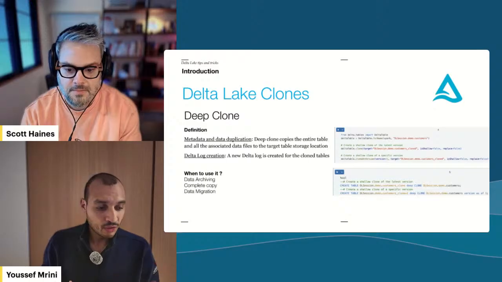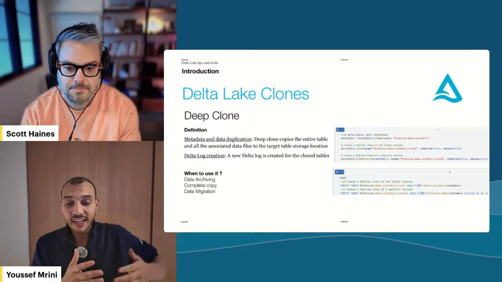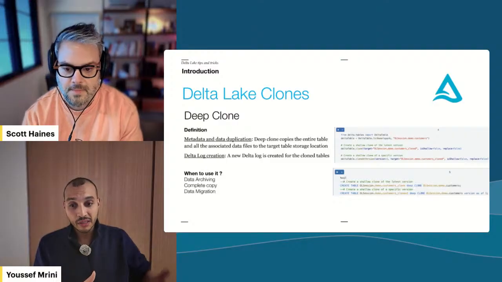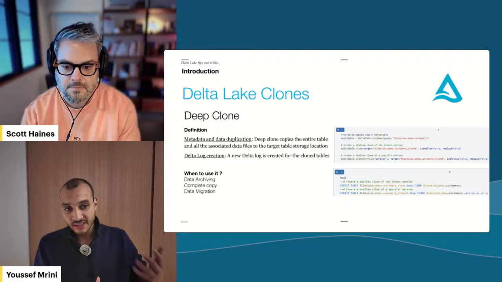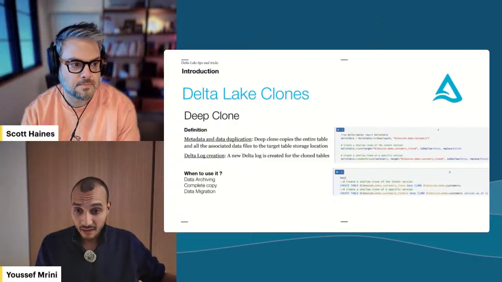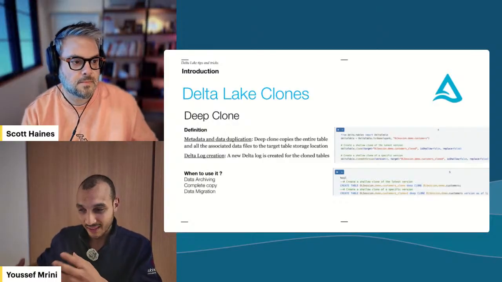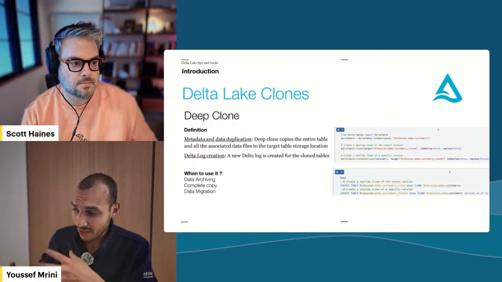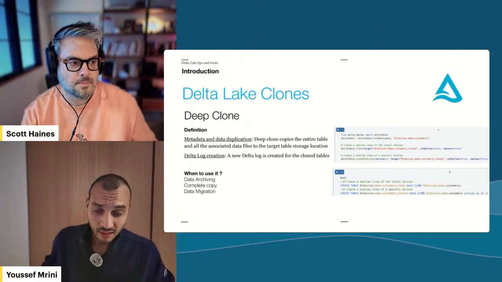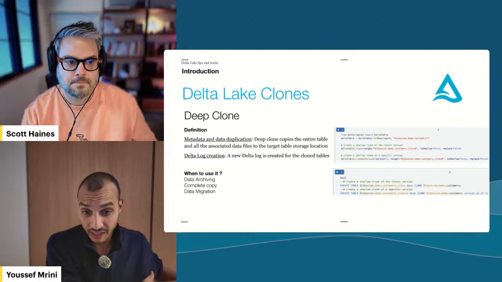Let's suppose you want to do some data archiving. For example, you're doing a lot of modifications on a specific table, but the regulation specifies that you need to keep a snapshot every month. So instead of having to keep all those different versions, you can just deep clone the latest version at the end of each month.